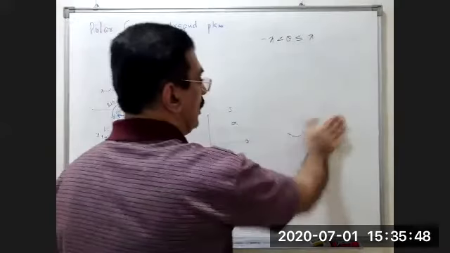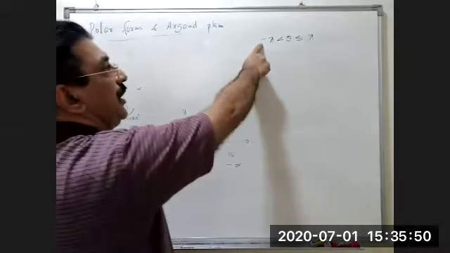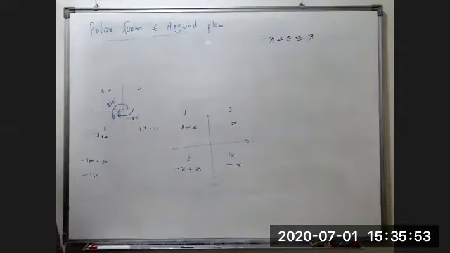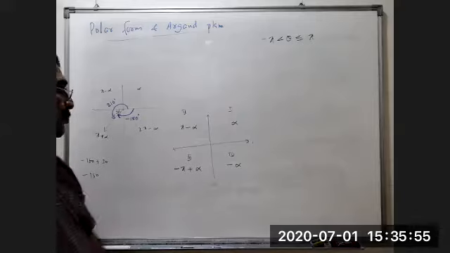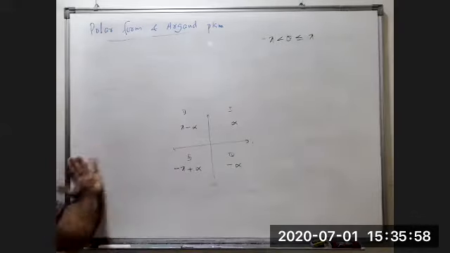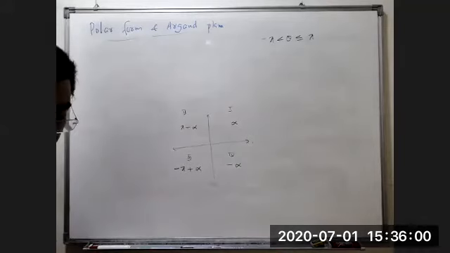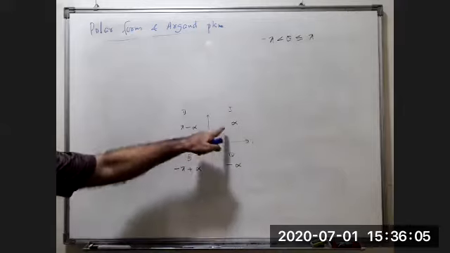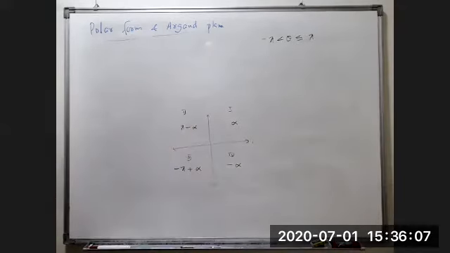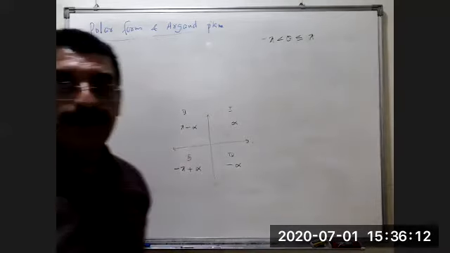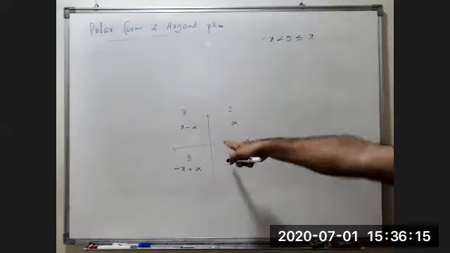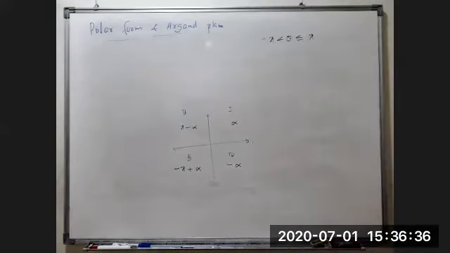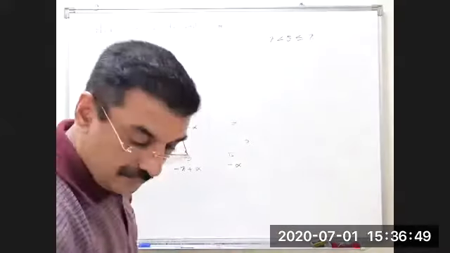The principal value of the argument is minus pi less than theta less than or equal to pi. And use this: alpha, pi minus alpha, minus pi plus alpha, minus alpha. And use this table.